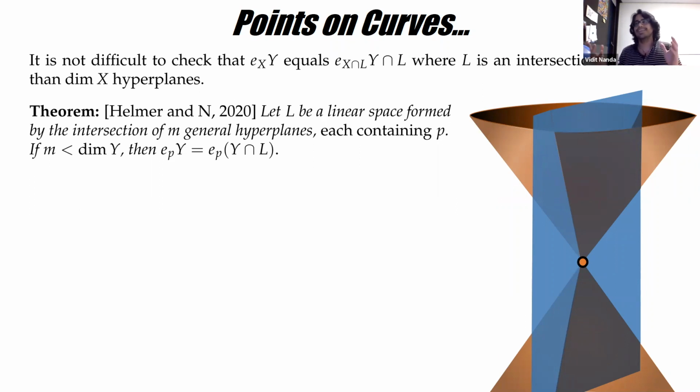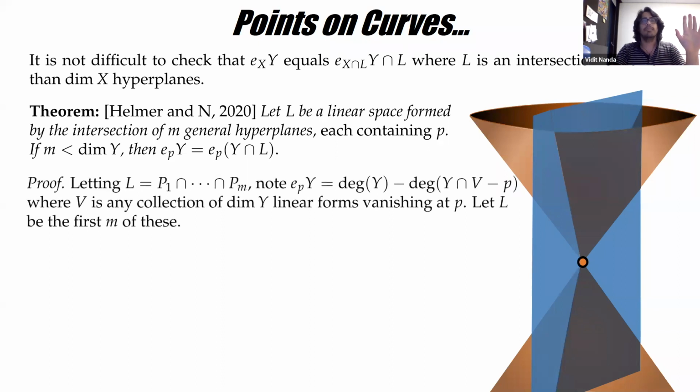The point is, if you then took one of those finitely many points that X was reduced to, and then further attacked it with the right number of hyperplanes so that you did not exceed the dimension of Y, then EPY is EPY intersect L. So as long as your new hyperplanes are not generic in the sense that they all pass through this one special point in X. And the proof is not so important.